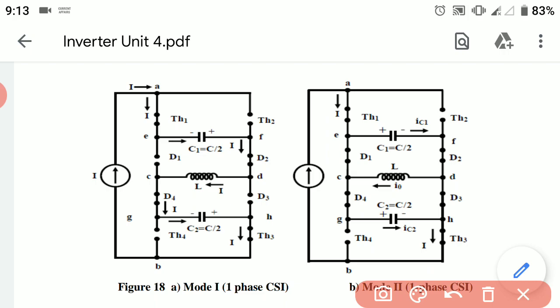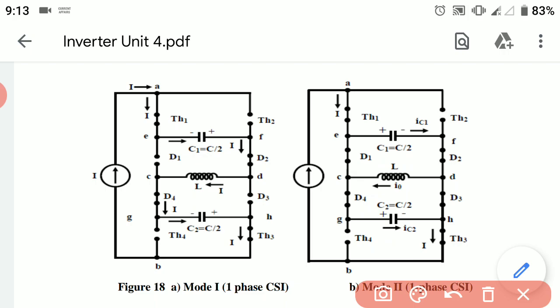So in this mode 2, we can see that the current from the current source will flow like this through the parallel circuit and through the load also. So here all these three elements are in parallel condition.